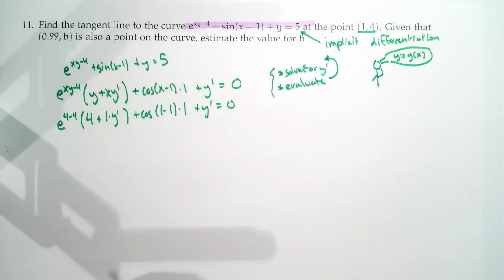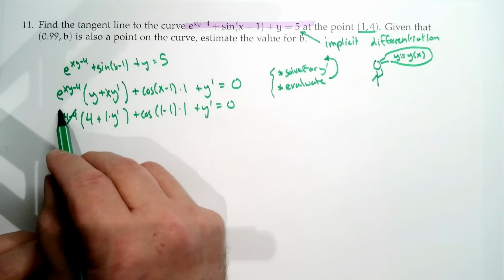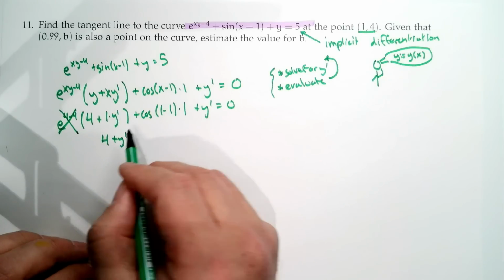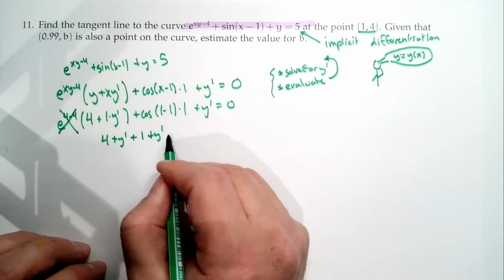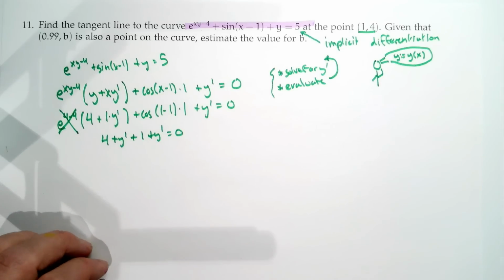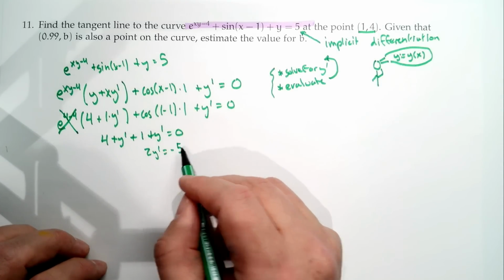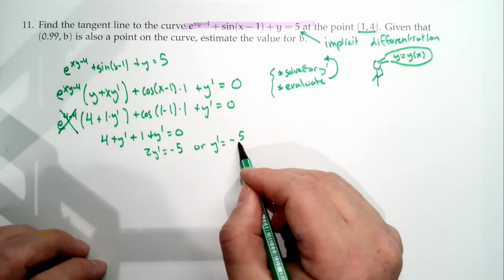And if we do this, lots of nice things are going to happen here. E to the 0 is 1, which is great. So we really have 4 plus y prime plus 1 plus y prime equals 0. Or 2y prime equals negative 5, or y prime is equal to negative 5 halves.